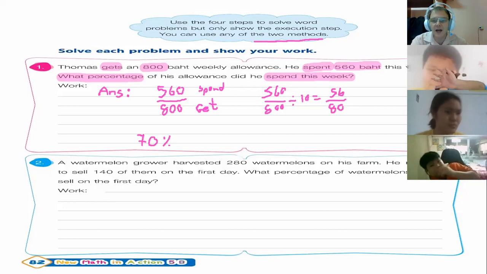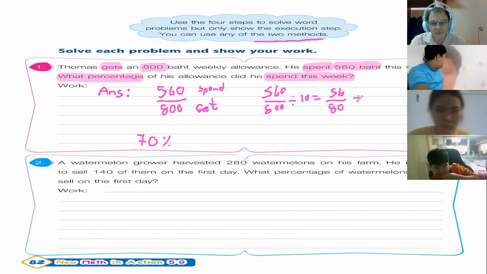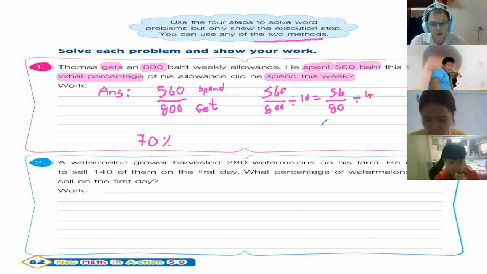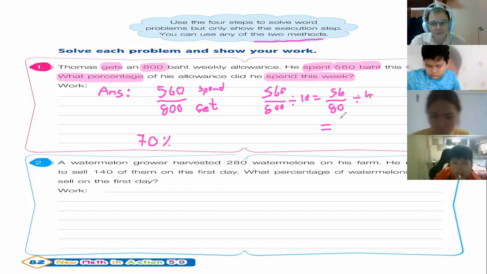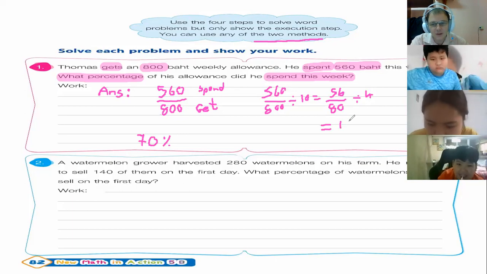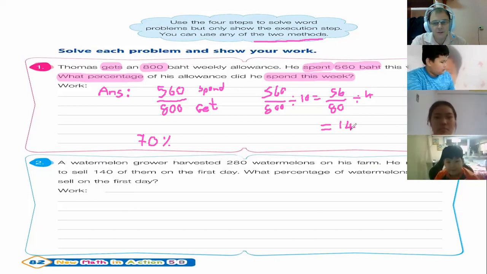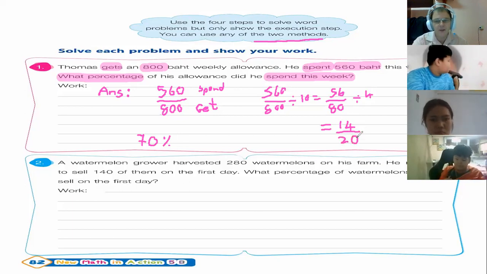Now we can simplify even more by dividing by 4. 56 divided by 4 equals 14. Is it 14? Yes, it's 14. And 80 divided by 4 equals 20. So now we have 14 over 20 after we simplify.